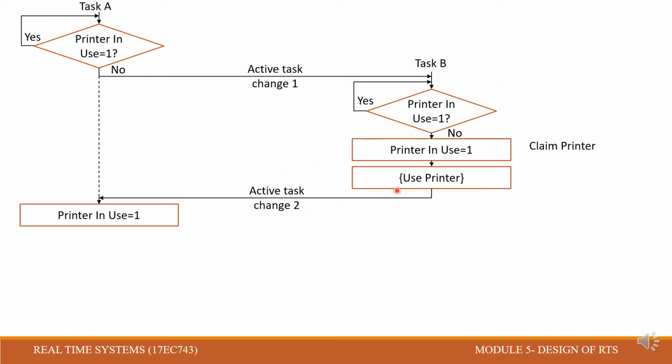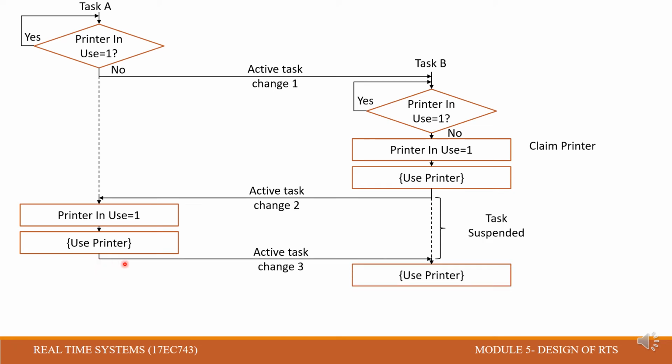Now the dispatcher again forces a change, and task B is suspended for a while and service is given to task A. So now it makes the flag's value 1 and starts executing. Until the dispatcher again changes over from task A to task B, task B will be in the suspended state. Then again it starts using the printer.